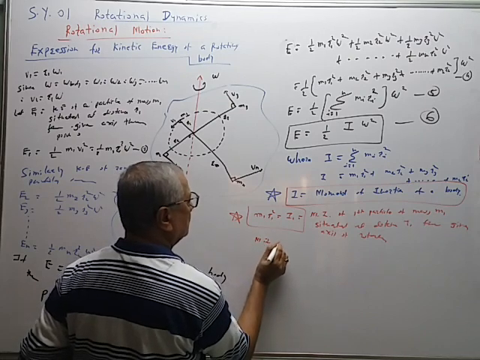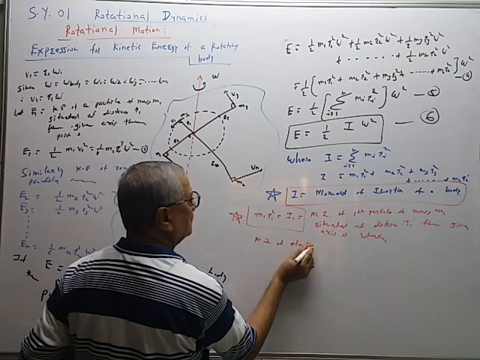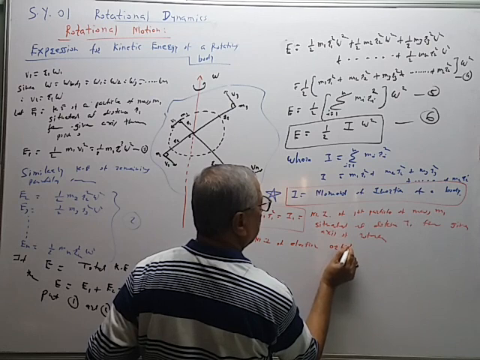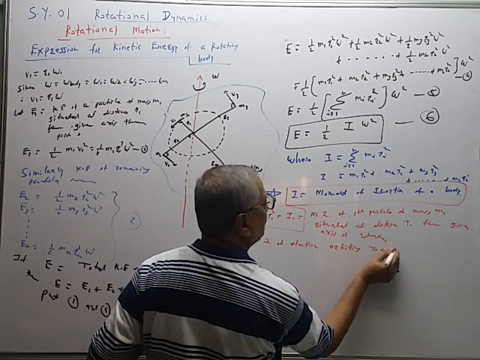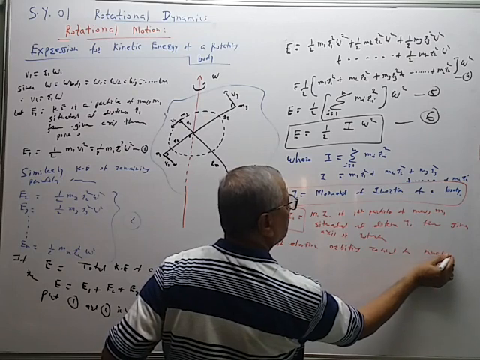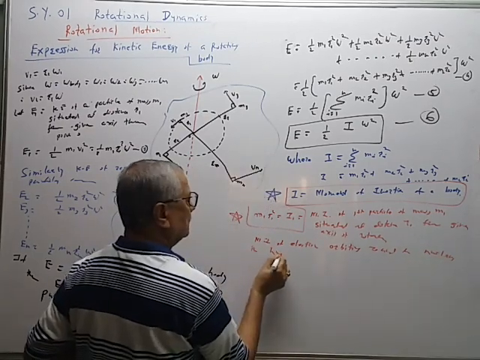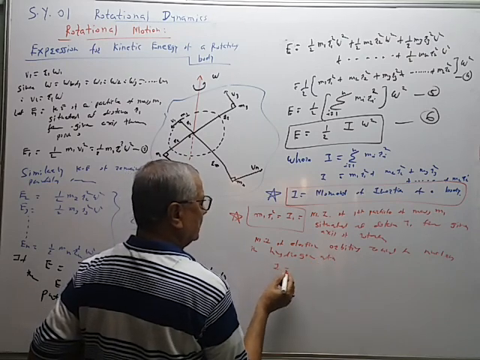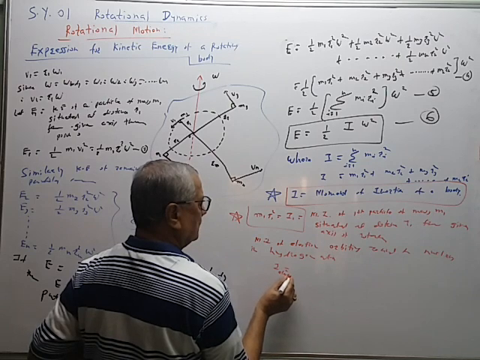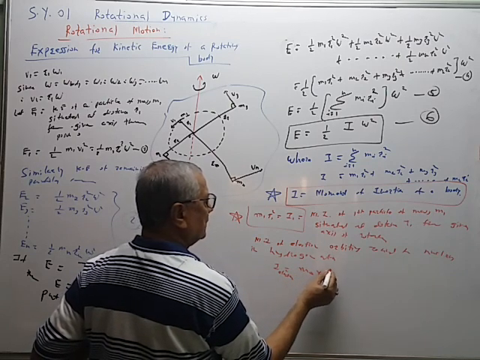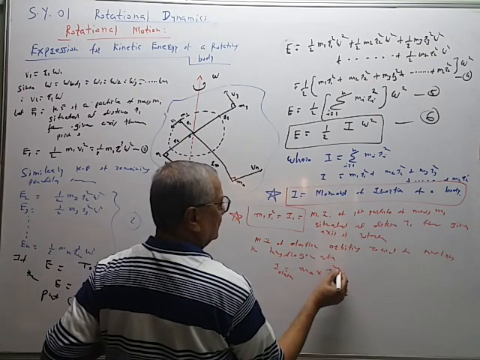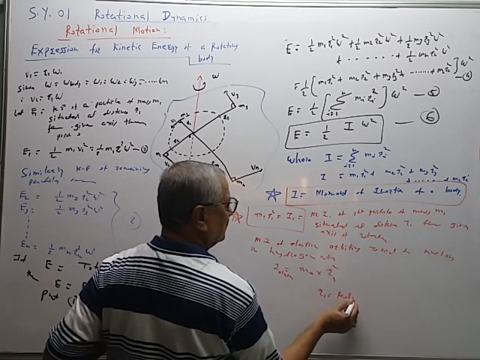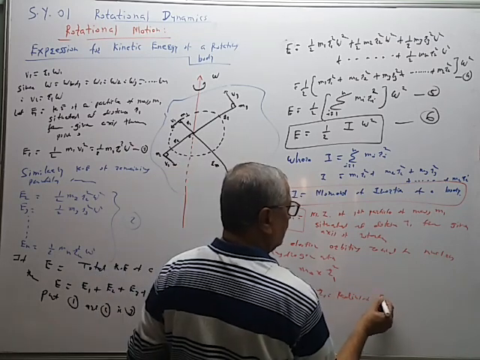MI of electron orbiting around the nucleus in hydrogen atom. So I electron is equal to mass of the electron multiplied by r1 square. r1 is equal to radius of circular orbit of the electron.